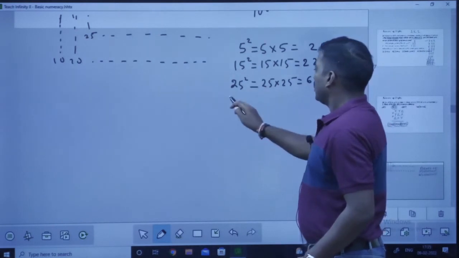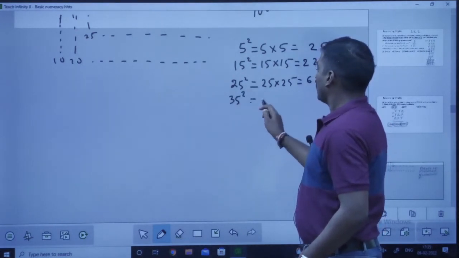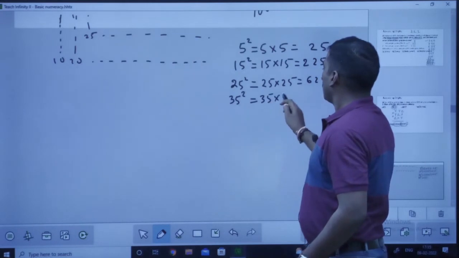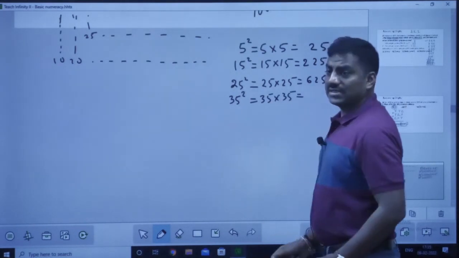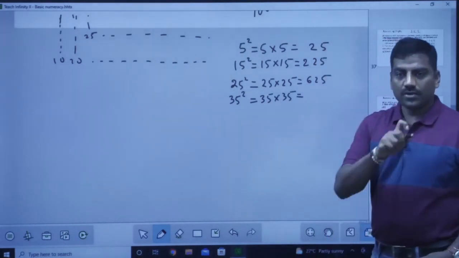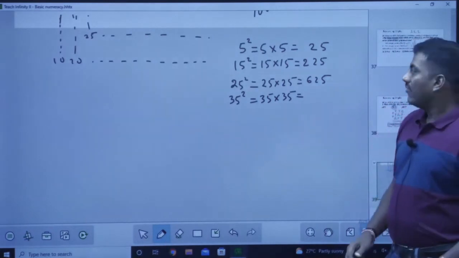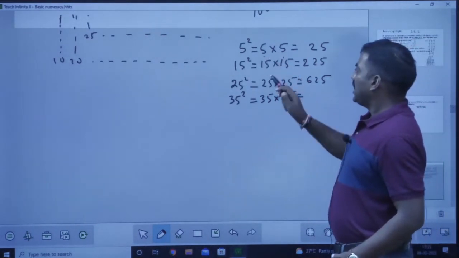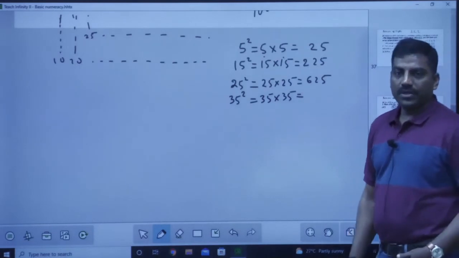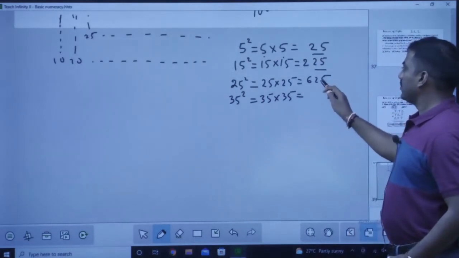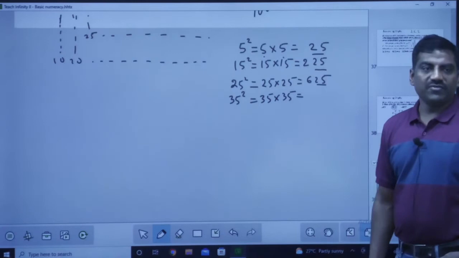625. 35 square. Have I done this? No, right? There is a pattern. Whenever we are multiplying two numbers ending with 5, the last two digits are fixed. 25, 25, 25.